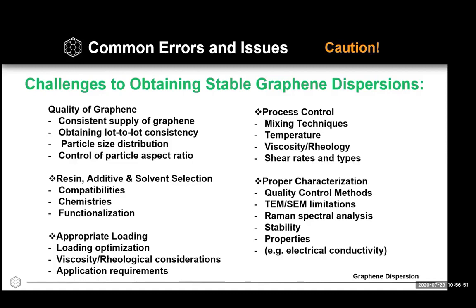And the last one is proper characterization. How are we going to characterize whether you have a really good quality, your dispersion is stable, and you have exfoliated your material, or stabilized your material, or functionalized your material? We already talked about the TEM and then STM and Raman spectroscopy analysis.